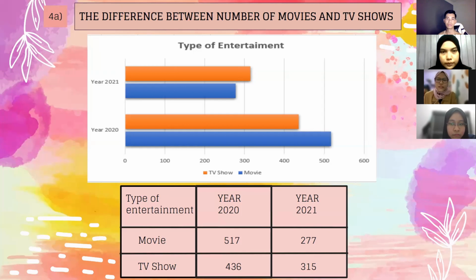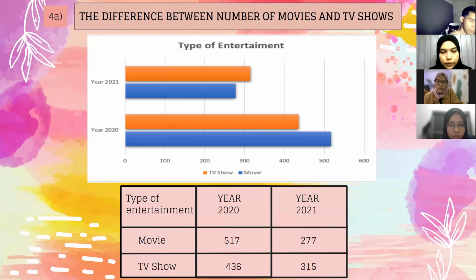From this slide, as you can see, the type of entertainment was divided into two, which were movie and TV show. And there were two years, which were 2020 and 2021. Orange color represented TV show, while blue color represented movie.